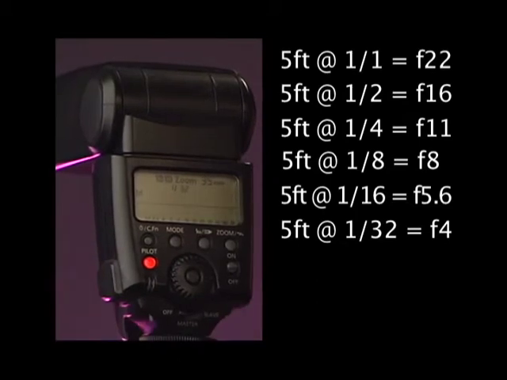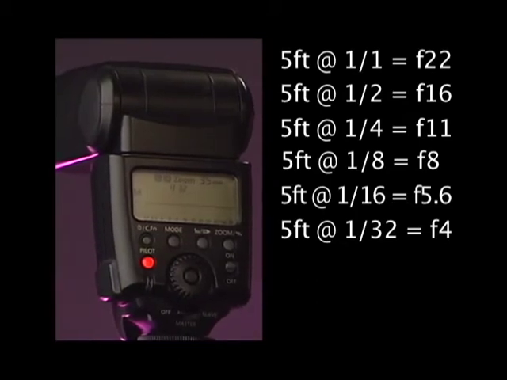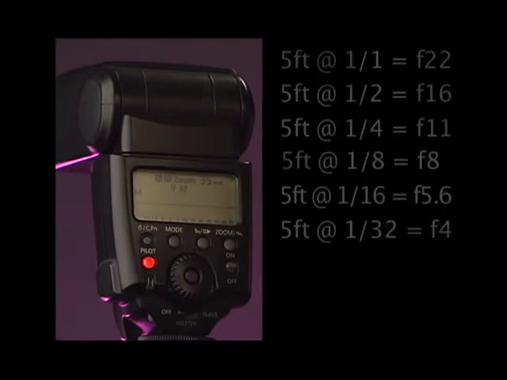So now, with my flash 5 feet away, at 100 ISO, at 1/32 power, the overall output is f4, and the shutter speed, of course, we're still remaining at 125. I am now completely controlling the overall output of the flash so that I can balance my lighting with whatever environment I want to be in.